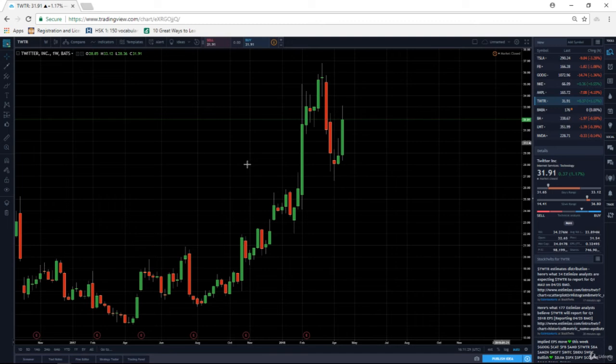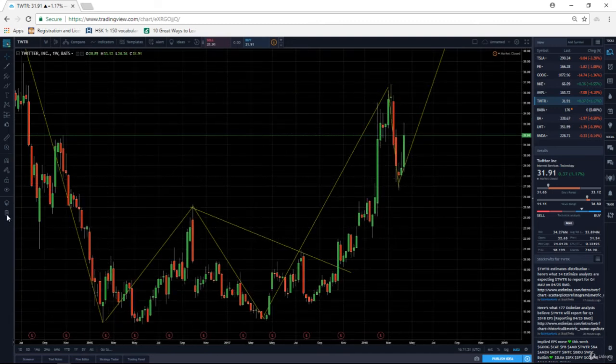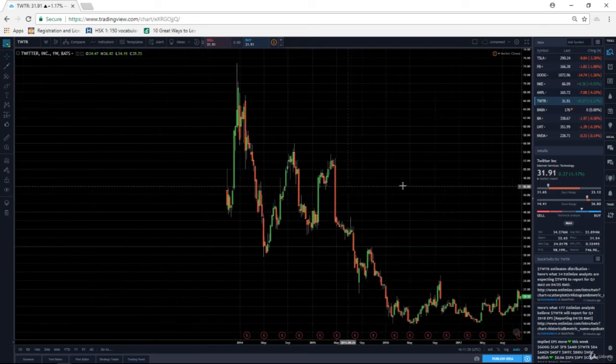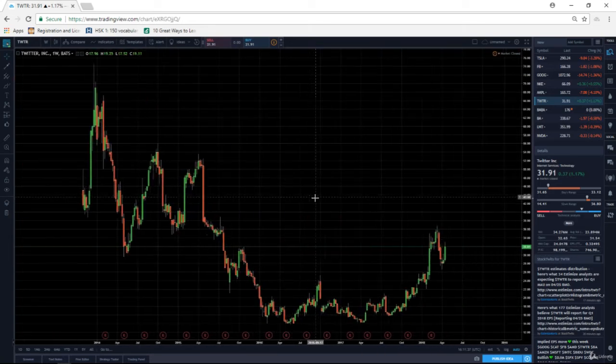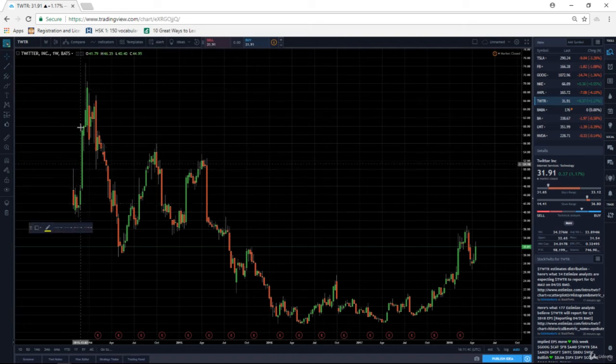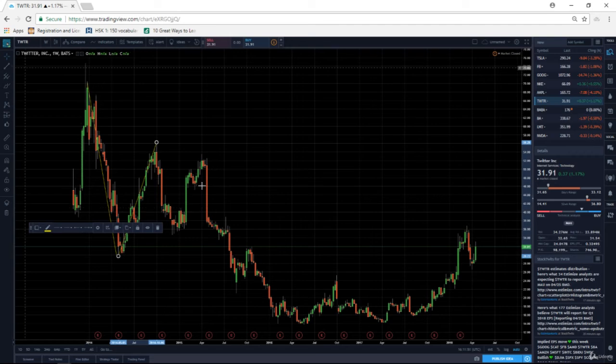So we see Twitter, right? Actually we had done this for trend analysis, and we currently see the power, right? You connect all the peaks and lows. It's quite easy, right?